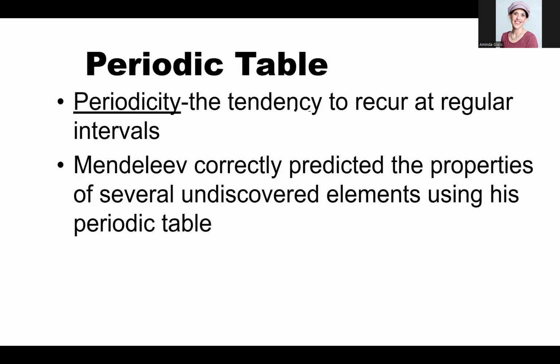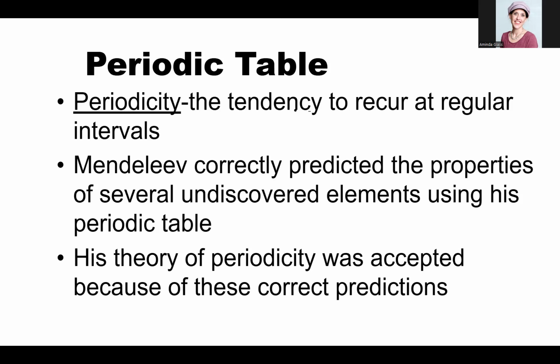Mendeleev correctly was able to predict the properties of several undiscovered elements using his periodic table, which is why his theory of periodicity was accepted universally by others, because he was able to correctly predict the presence of selenium and germanium.